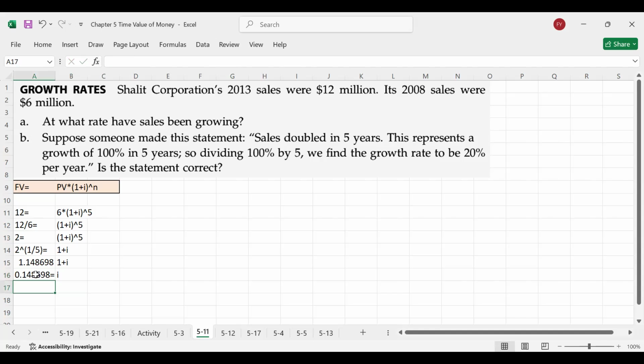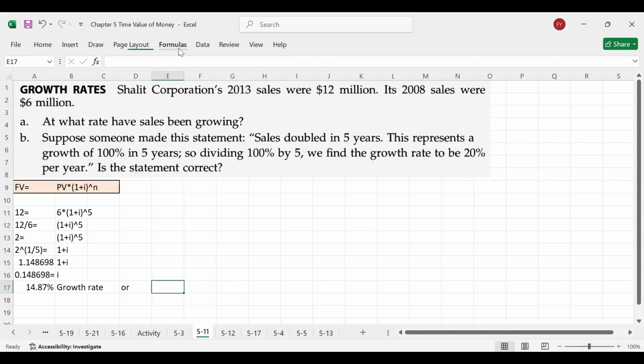Or you can write it in percentage format, which is 14.8698%. You can say this is your interest rate, or your growth rate. We can also find it via an Excel formula.